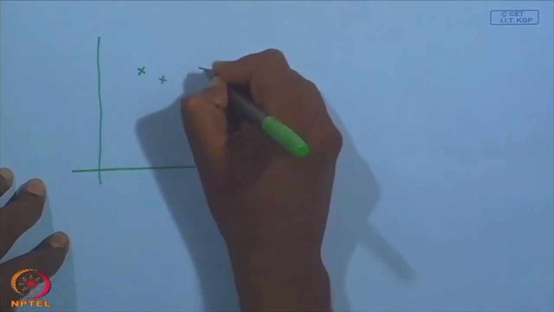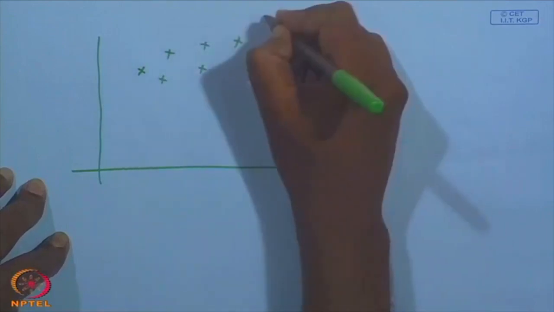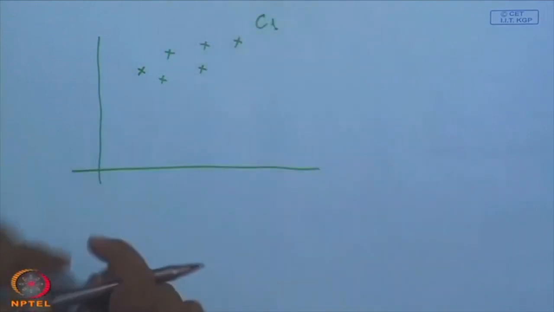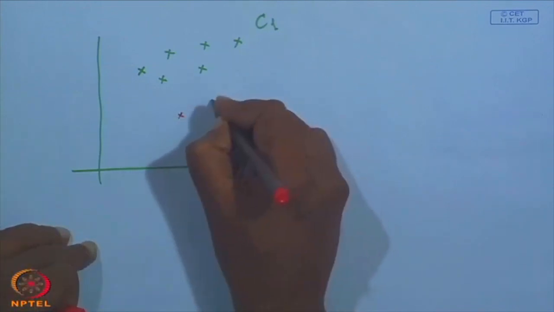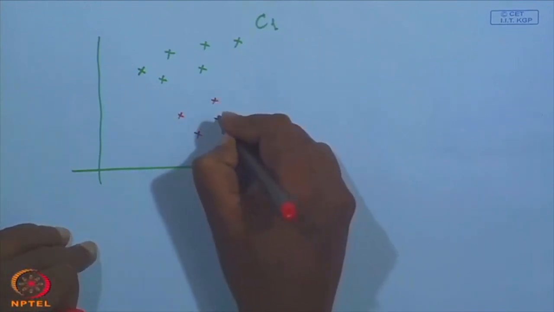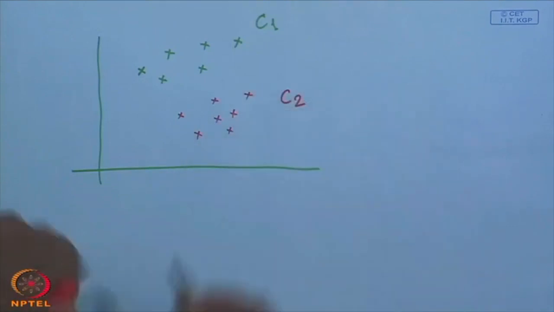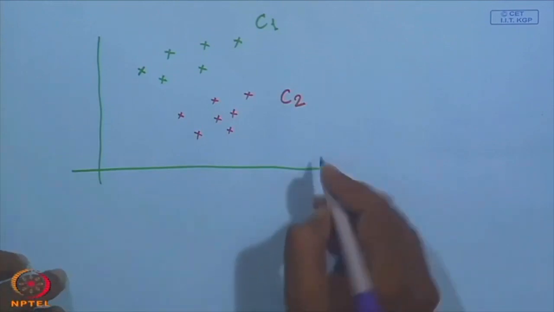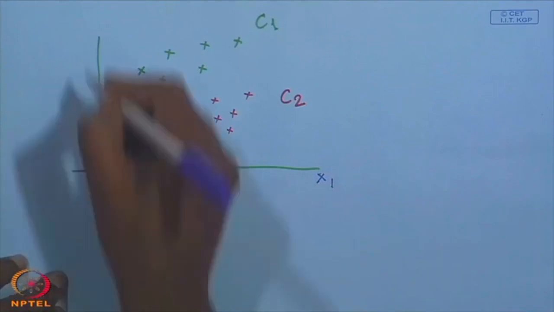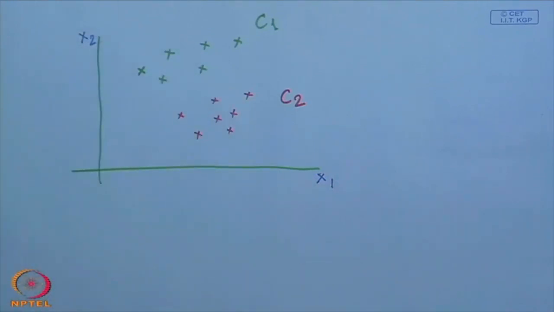These are the feature vectors which, say, belong to class C1, and I can have a set of feature vectors something like this which belong to class C2. This is my x1 dimension and this is my x2 dimension. So, these are the two components of the feature vector.